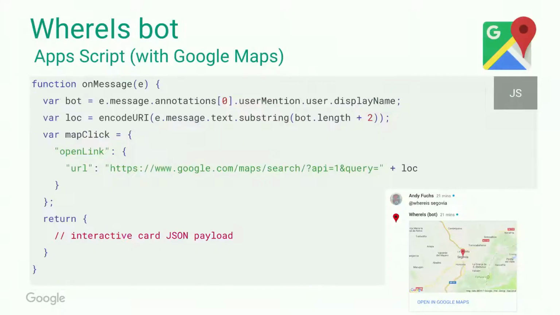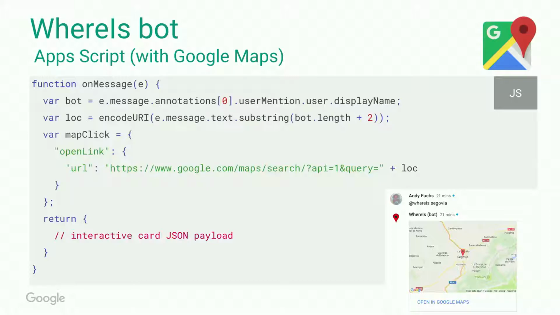Okay, and then to change gears a little bit, let's go back to AppScript and JavaScript. But here is an example of a bot that uses Google Maps, where a user types the name of the bot and then some location that they want. And then I have code that will go grab the user's name, or remove the bot's name, and then it encodes the destination so that I could actually send that to the Google Maps API.